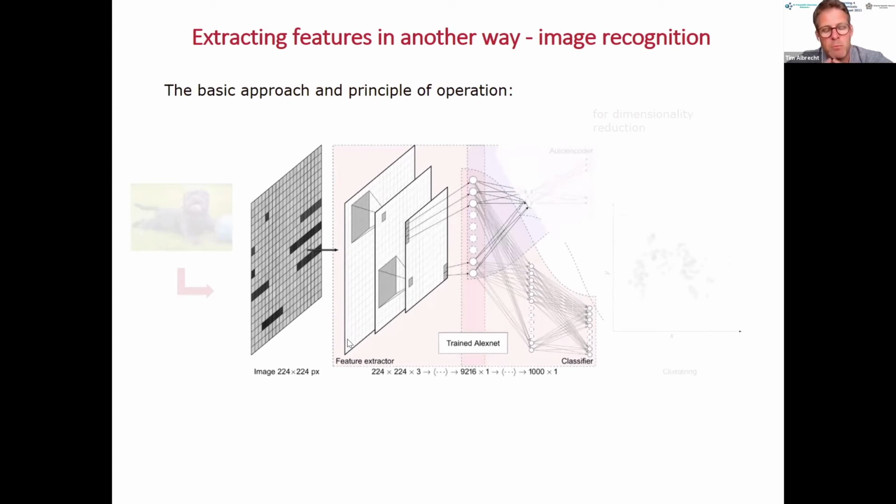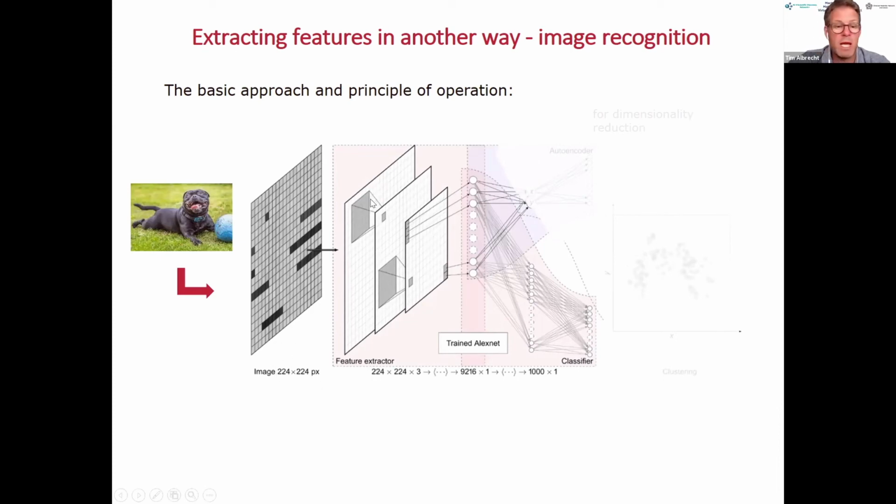And again, I'm not going to go into detail here about the design of AlexNet. Again, this is available if you're interested. But basically, the idea is that it uses images as input data. So for example, this photo of a dog would be used as input with a certain resolution.